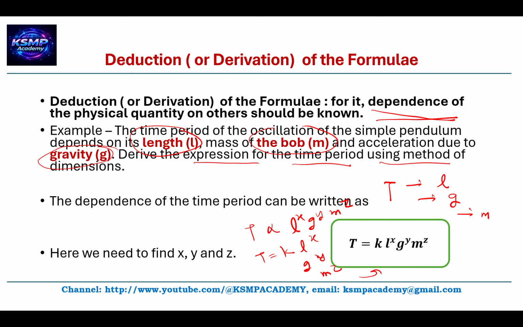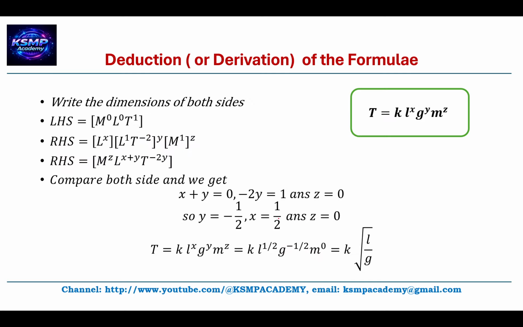So here we have to find the values of x, y, and z. With the knowledge of the dependence of the time period on these three quantities, that is length, mass, and gravity, we are going to find out the relation.